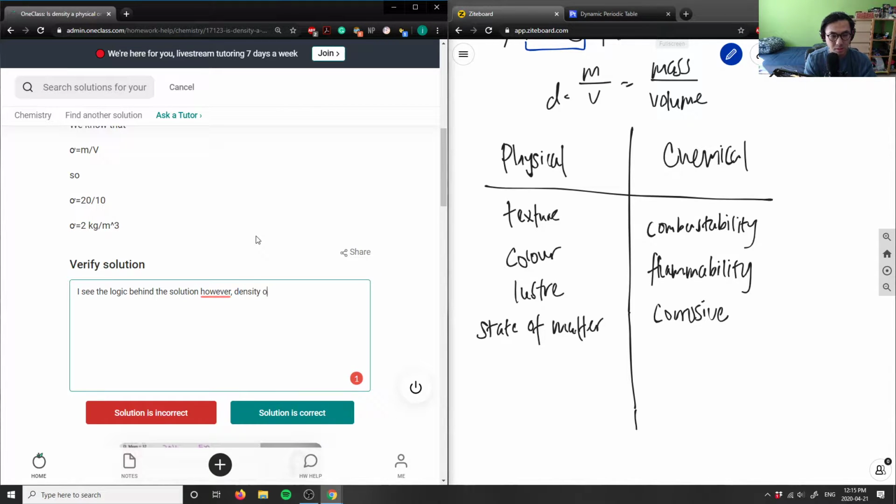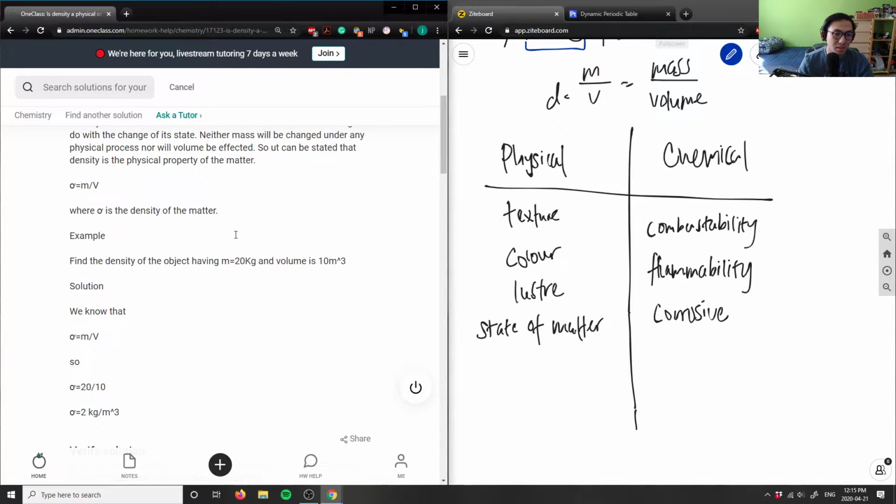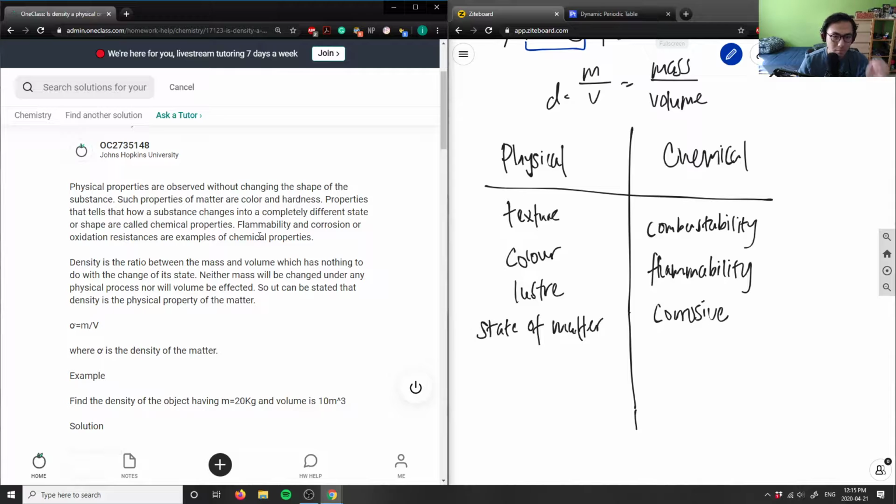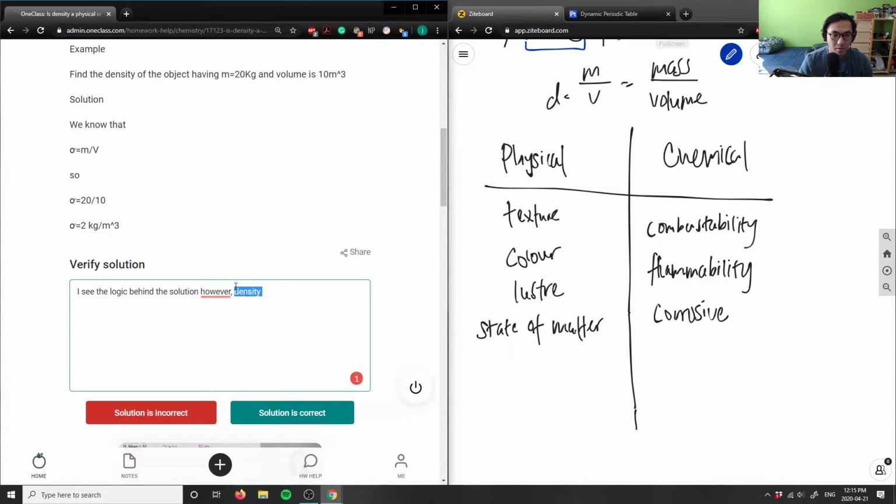However, density does not... Let's see, density. Neither mass will be changed under any physical process, nor will volume be affected. So you may say that density is a physical property. However, density is an inherent property of any substance.